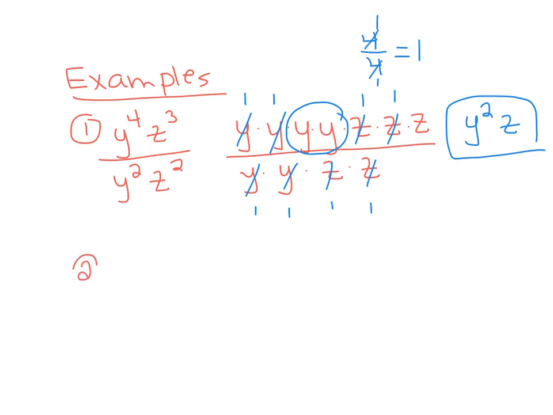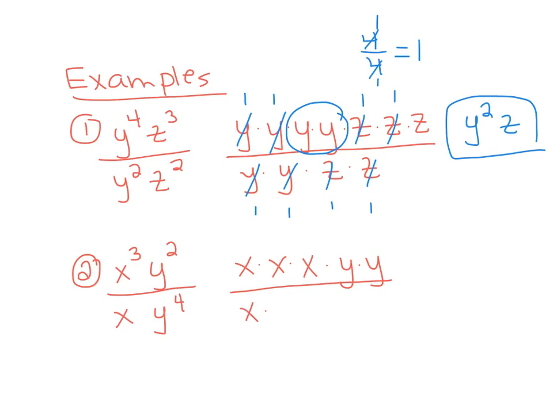Let's do another really easy one. Let's say x to the third, y to the second over x, and this time y to the fourth. Let's write it out: x times x times x, y, y, over x, but now on the bottom I need 1, 2, 3, 4 y's.